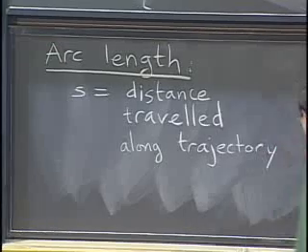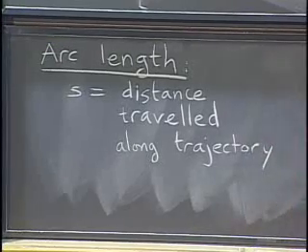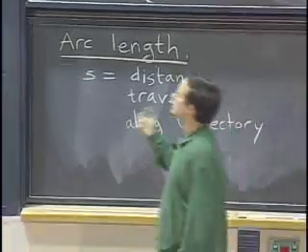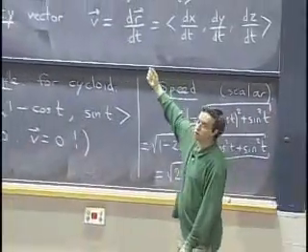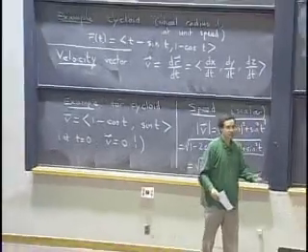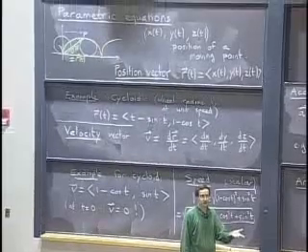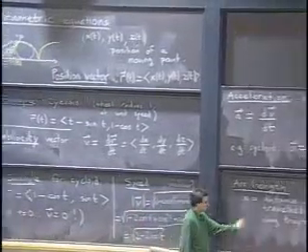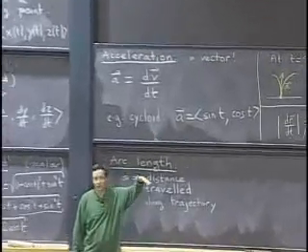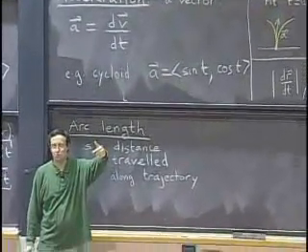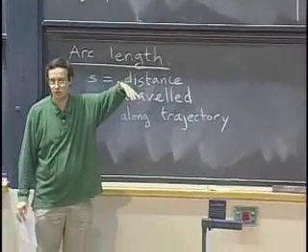And for that to make sense, of course, we need to fix a reference point. Maybe on the cycloid, we'd say it's the distance starting from the origin. Or in general, maybe you'll say you start at time t equals 0. But it's a convention. You could decide, if you knew in advance, you could have your car's mileage counter count backwards, from the point where the car will die and stop working.